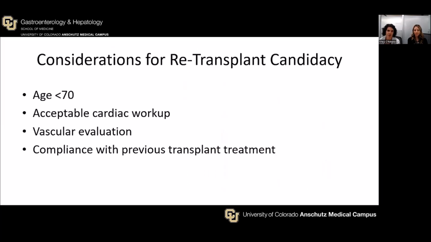So if we have a patient with advanced fibrosis or post-transplant cirrhosis, could they receive another liver transplant? And the answer is maybe. The patient would need to be under 70 years old.